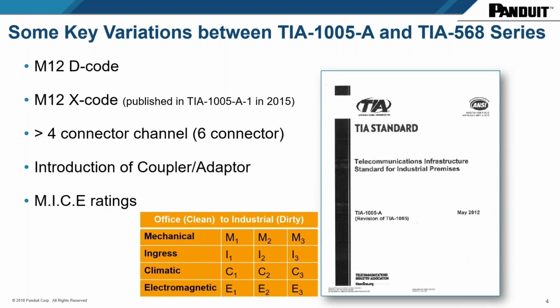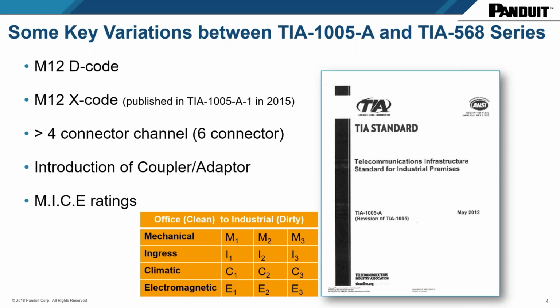Those are similar to the RJ45, which you will use in the commercial space, and they're mentioned in the 568 standard, but the M12 D and X codes are different methods of connecting Ethernet in the factory. This was mentioned in 1005A, and this is an important differentiator between the two standards.